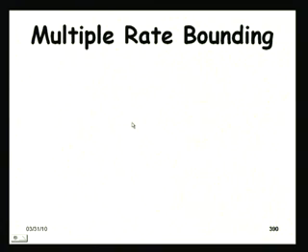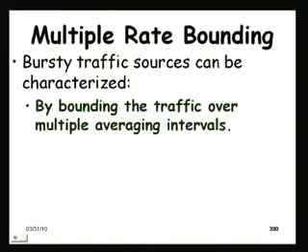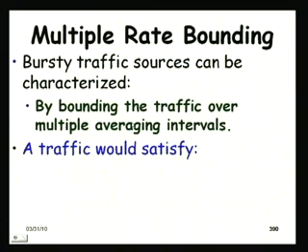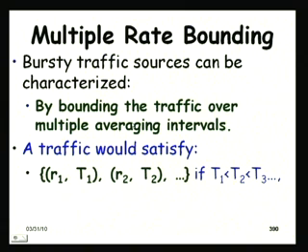We can even use multiple rate bounding. This is an extension of the R, T model. The R, T model was actually bounding the rate over a specific interval T. So, we are saying that if you look at any interval T, the traffic will never exceed R1. But what about if the interval we are considering is less than T?